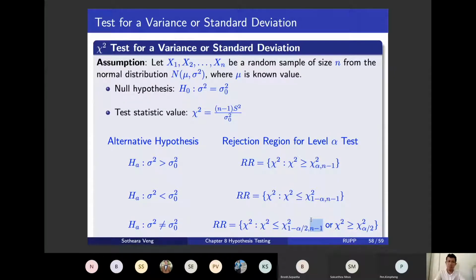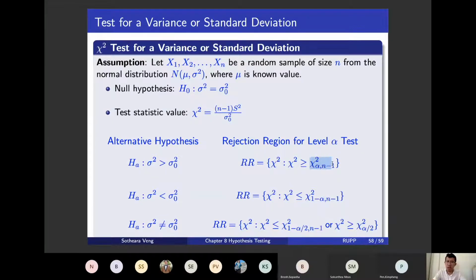If you look at this, everything is quite similar to the case of the test for the mean, except that we switch from the standard normal distribution or the t distribution to the chi-square distribution, and everything works in the same way.